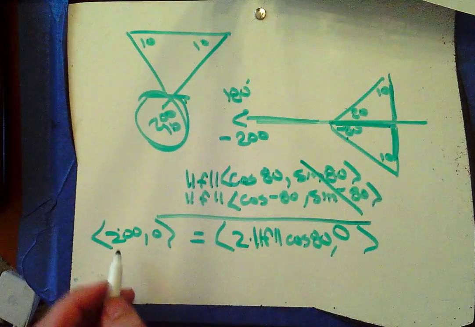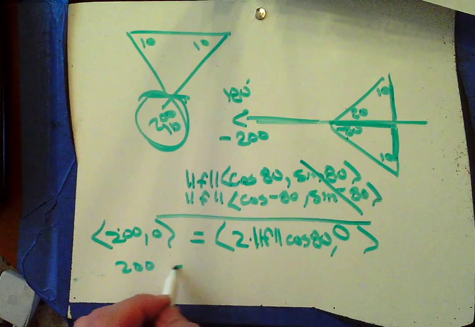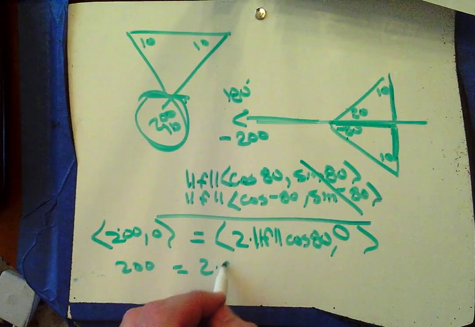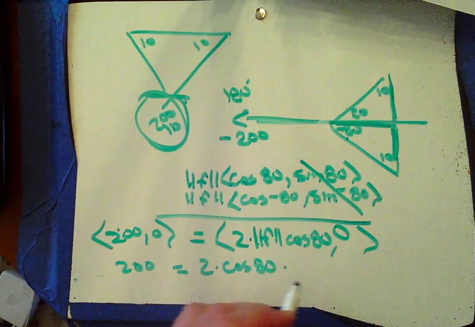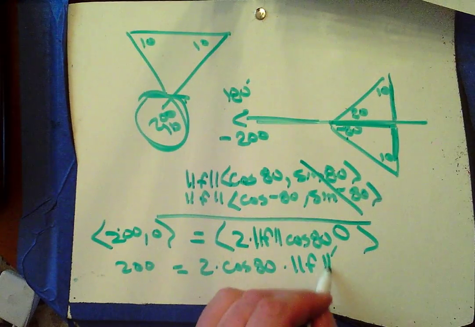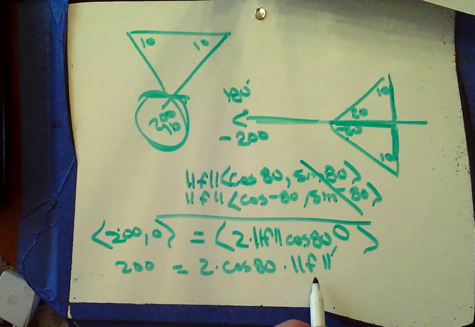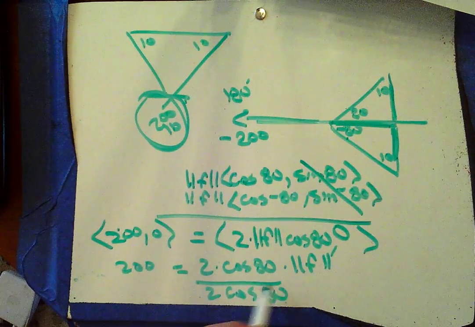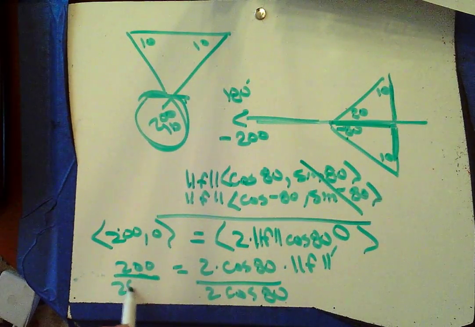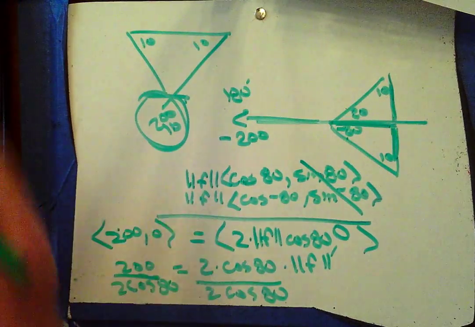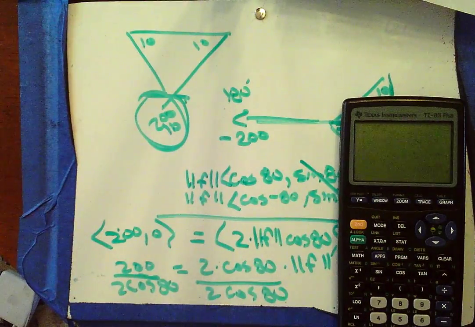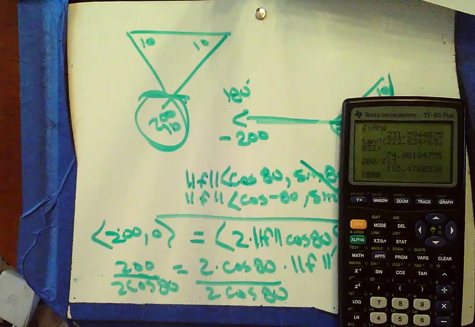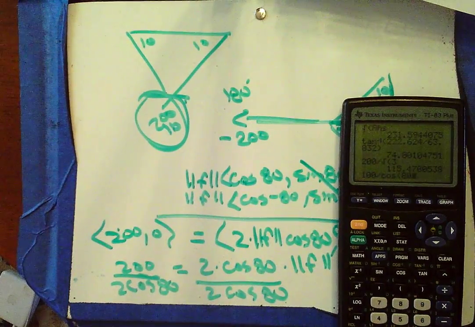So what I know is that 200 should equal 2 times cosine 80 times magnitude of F. And if I'm looking to get the magnitude of F alone, I have to divide both sides by 2 and by cosine 80. Well, let's see what happens when we do that. 200 divided by 2 is 100 divided by cosine of 80.